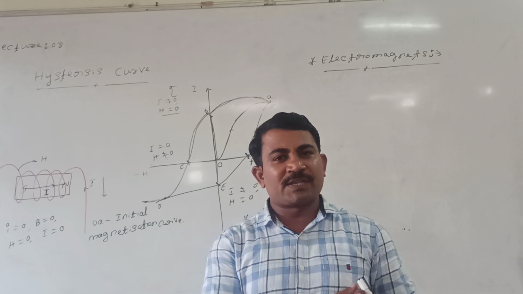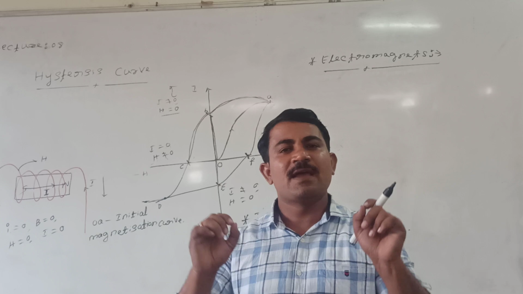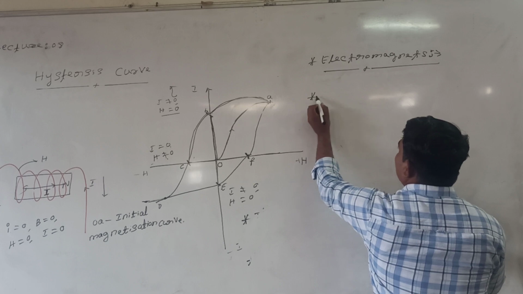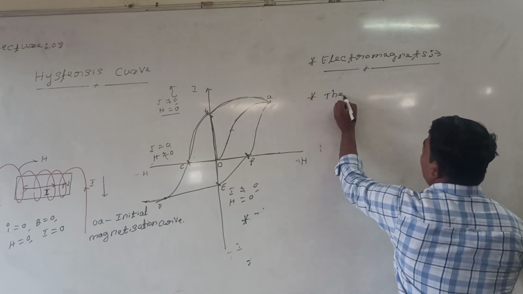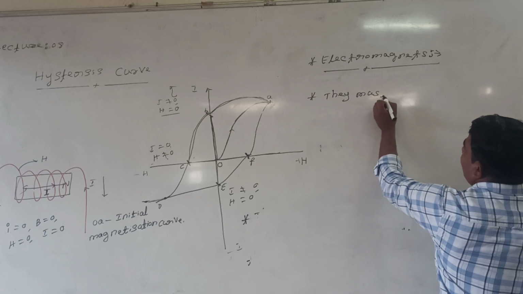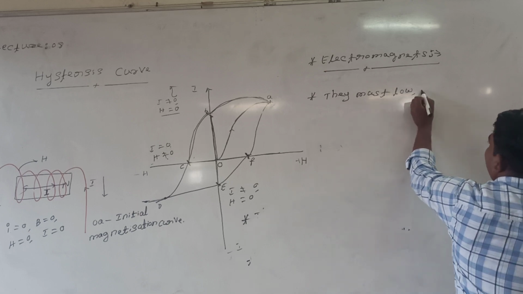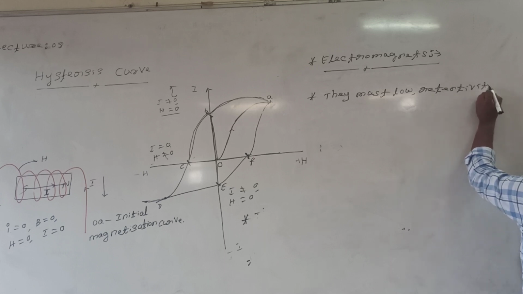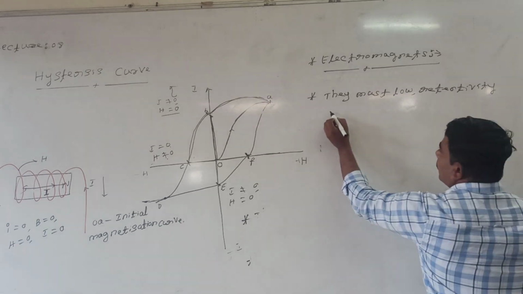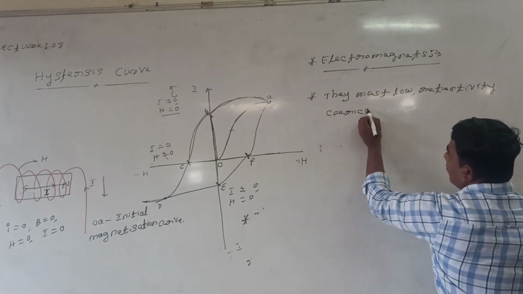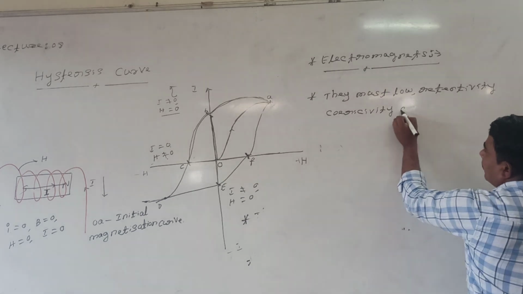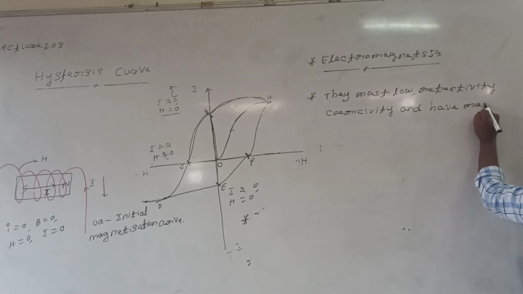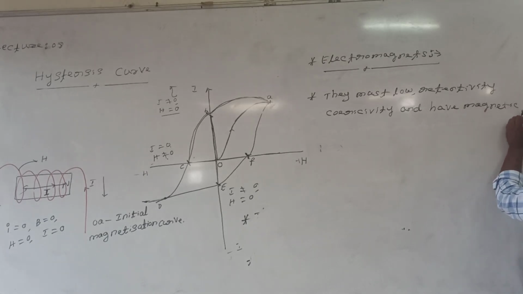They have low retentivity, low coercivity, and must have high magnetic permeability.